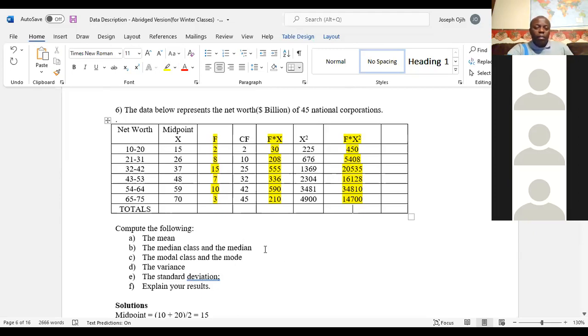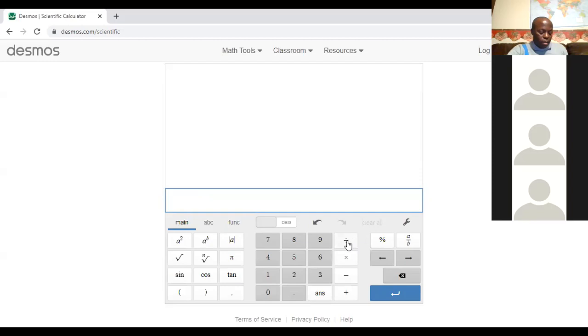Okay. Now, let's get the total frequency. Let's see, add the frequencies. So I got 2 plus 8, plus 15, plus 7, plus 10, plus 3, plus 3, gives me 45.